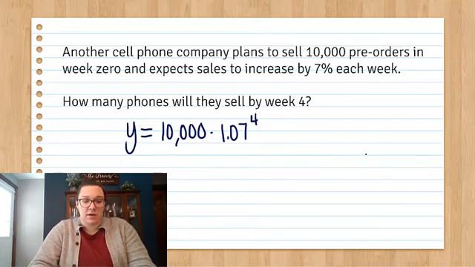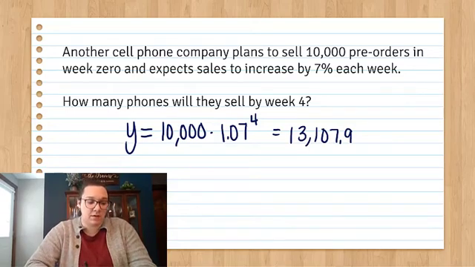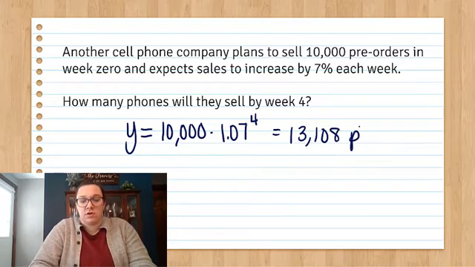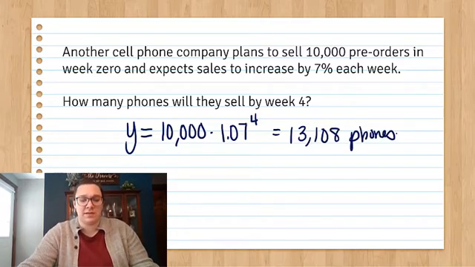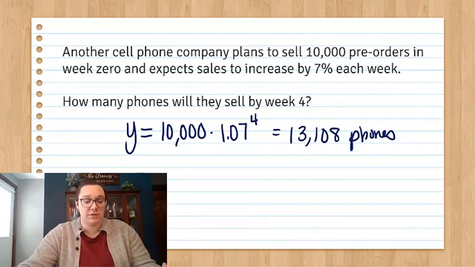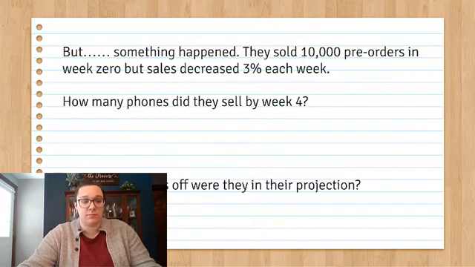I have a total of 13,107.96. Really, I should say 0.8. Let me go back and erase my last digit here. There we go. So that's how many phones they'll have after week 4. Now, these two companies are kind of going head to head. So in comparison, they had a bunch more phones.